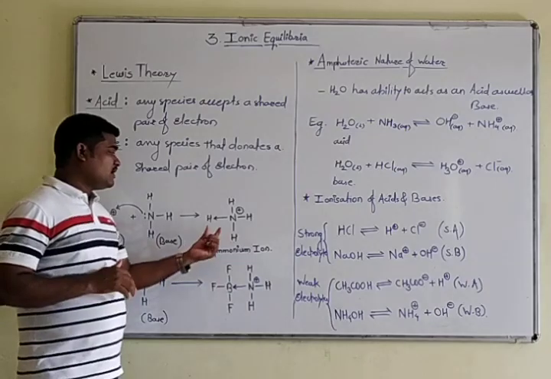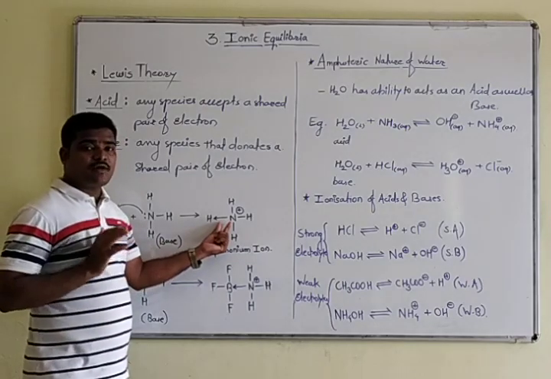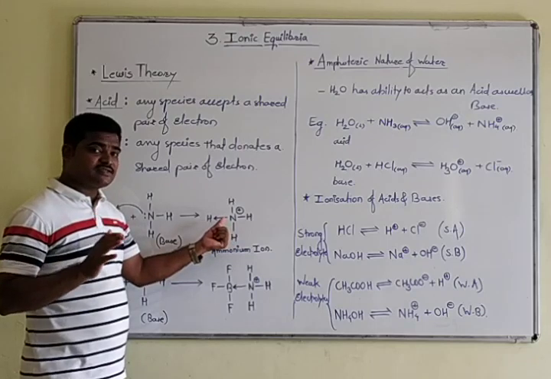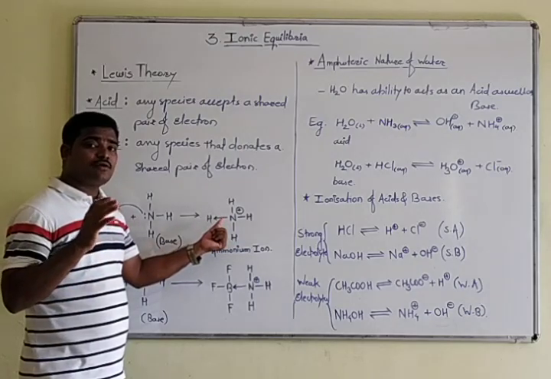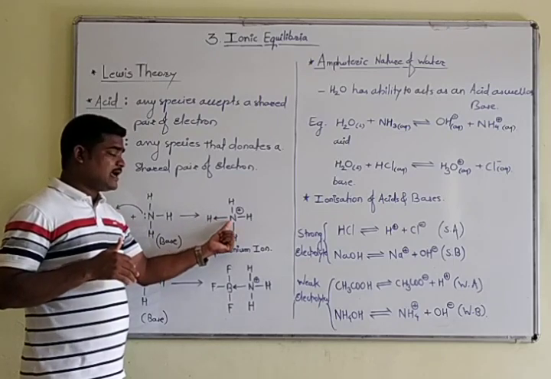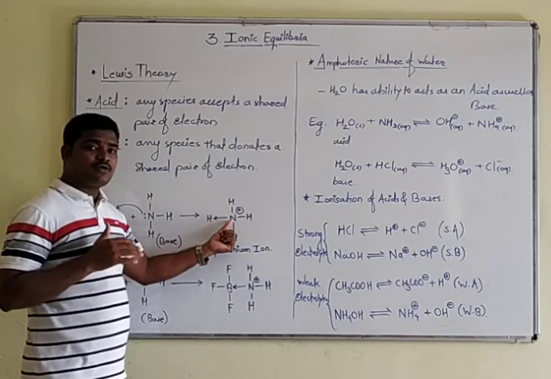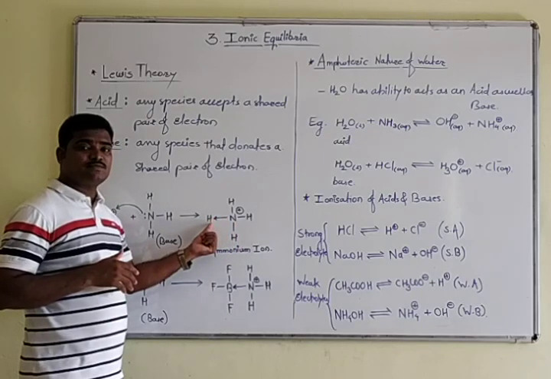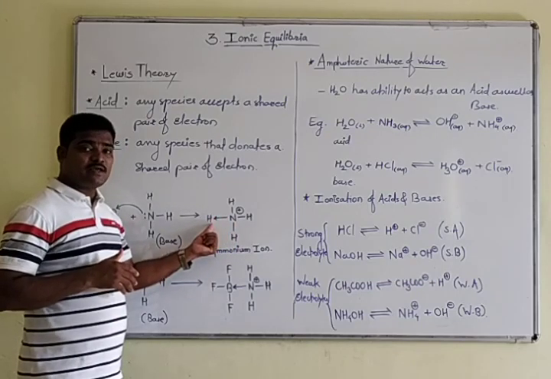So a coordinate bond is formed here. As we have shown, this arrow shows the direction in which the electron pair is shifted. At nitrogen, the electron pair was there, and this electron pair is shifted towards the H plus ion, and it becomes stable.